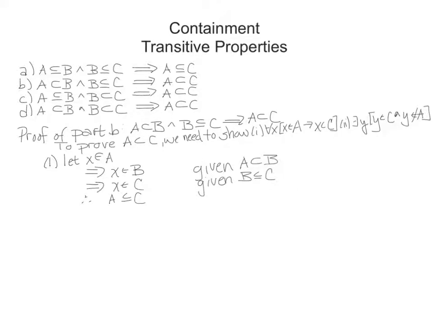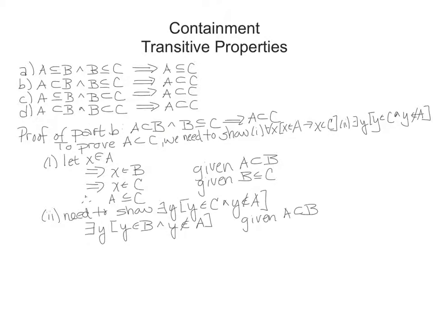Now notice we haven't shown it's a proper subset yet, so we have one more part to do, and that is the second part here. We need to show that there exists a y that is in C, but not in A. So I'm looking to see what we know. So we know that A is a proper subset of B, which must mean there's something in B that is not in A. So I've written this down.